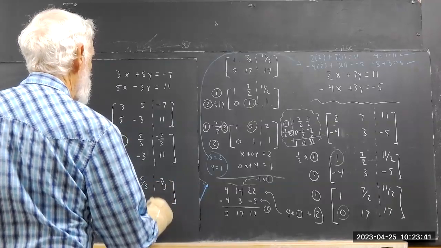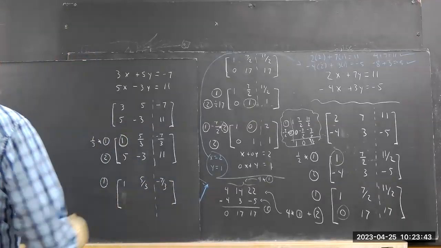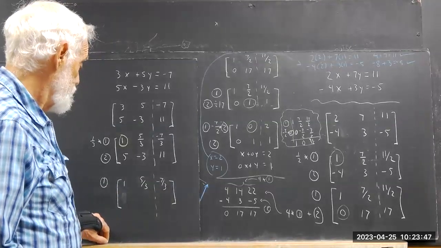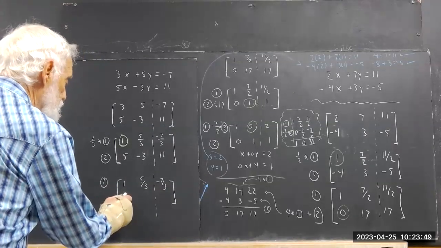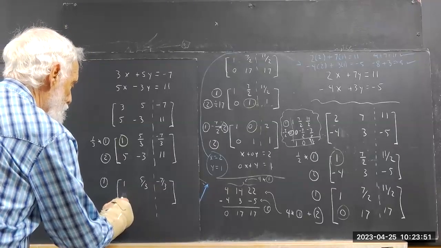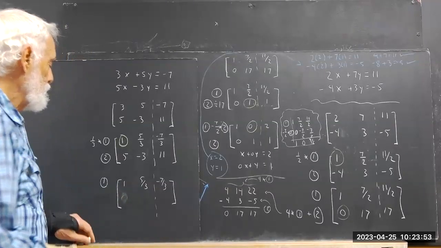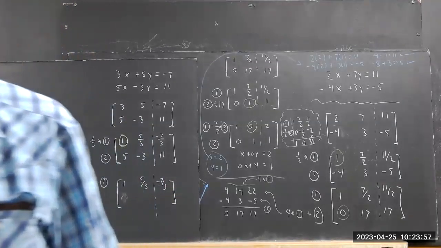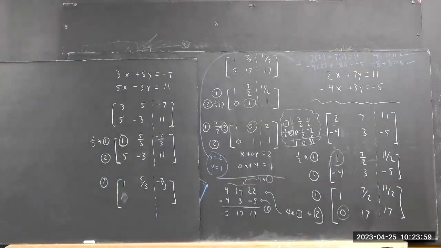Okay, so how are we gonna get the 0 here? That's what we're gonna want, but we gotta do it by a row operation. So we're gonna have to add a multiple of row one to row two, or subtract a multiple of row one from row two.